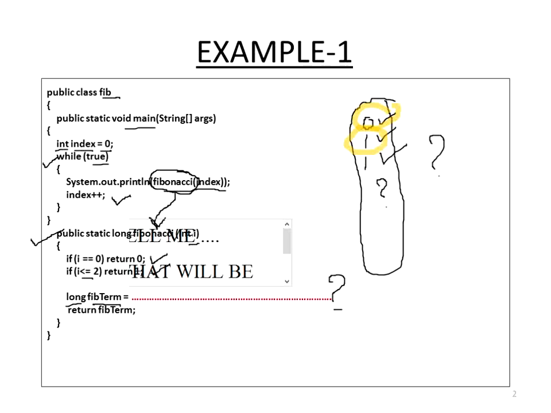Okay. Next digit is 1. After that, 1. Now tell me the fourth digit. After 0, 1, 1, what will be the fourth digit in the Fibonacci series?